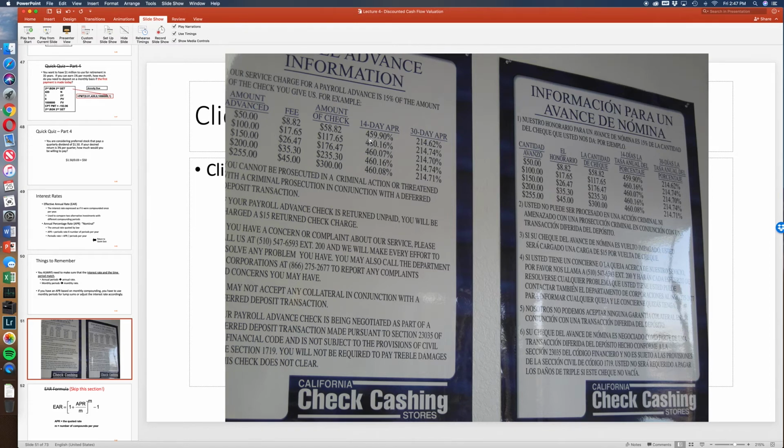This shows you those check cashing shops are a very lucrative business, right? In certain states, I think two or three states in the United States, they are prohibited. But in California, it's still legal.